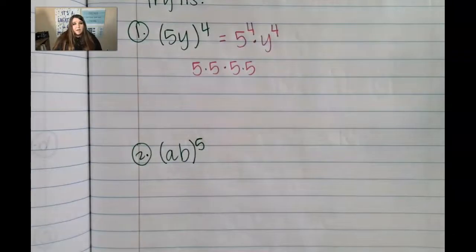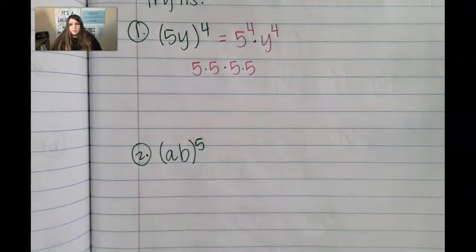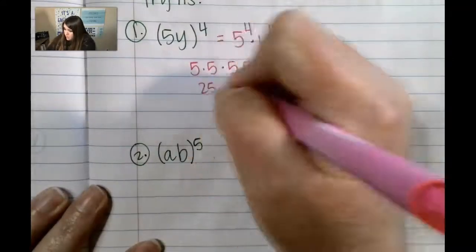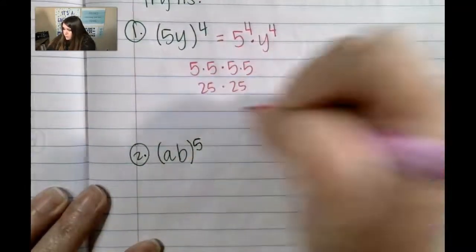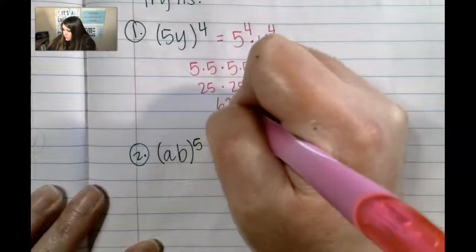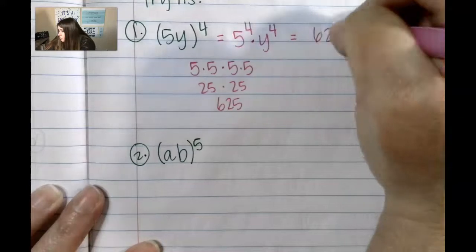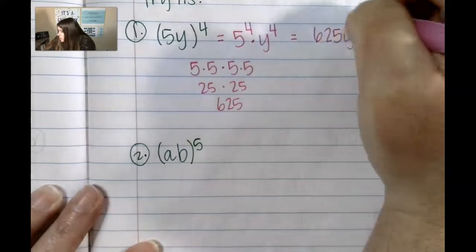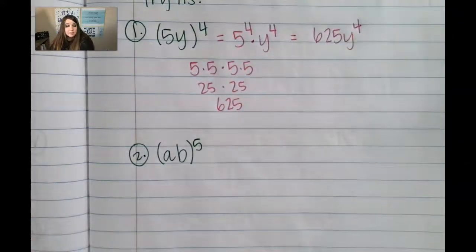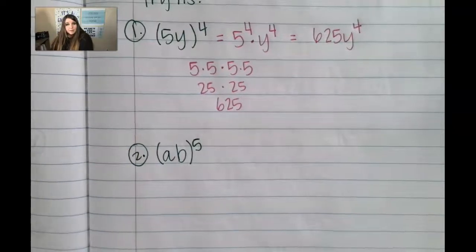So 5 times 5 gives me 25 times 25. And 25 times 25 is 625. So my answer is 625 times y to the 4th. I can't solve for y yet because I don't know what it is.